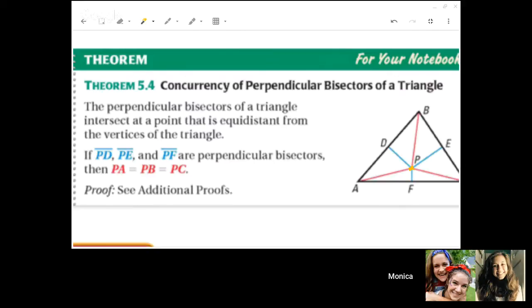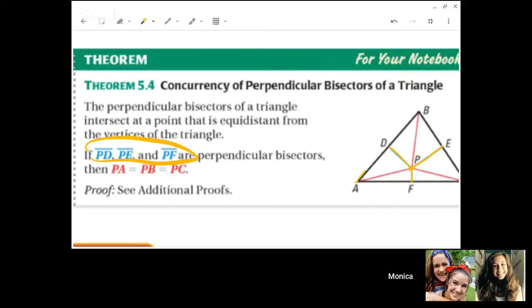When we look at this theorem, 5.4, the perpendicular bisectors, remember, are the blue lines. They're this line, and this line. Because it's a bisector, it divides that side in two.